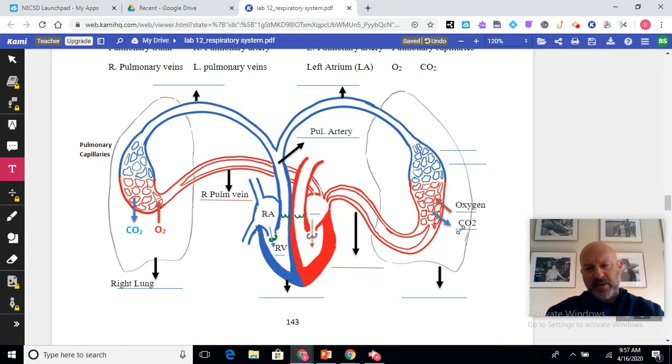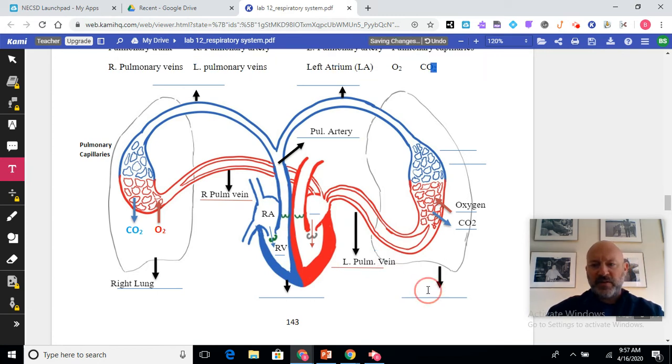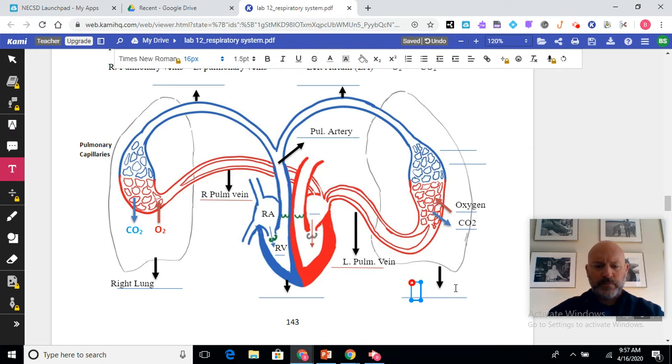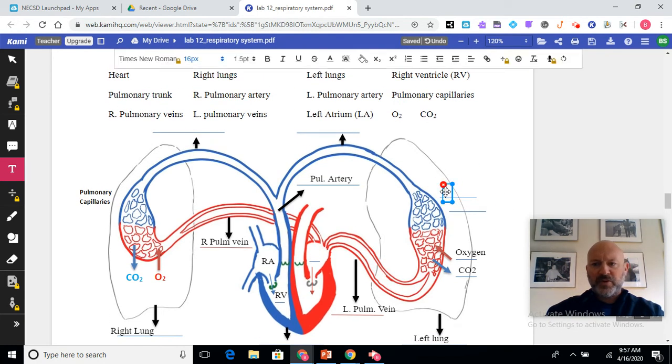This is going to be the left pulmonary vein over here. And this is the left lung. These are also pulmonary capillaries on this side.